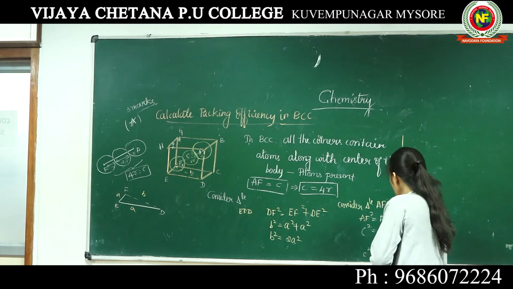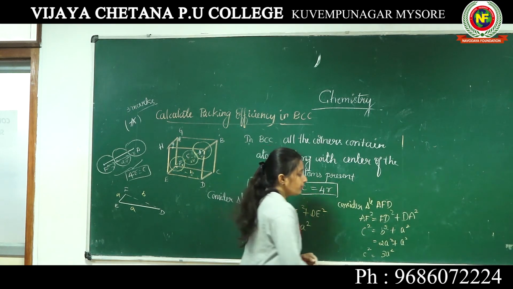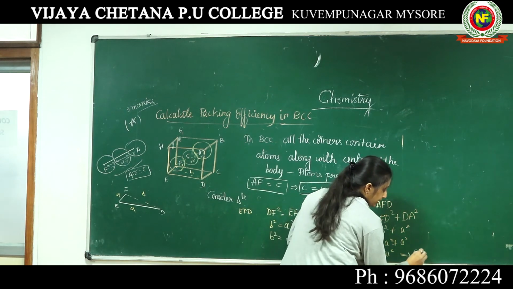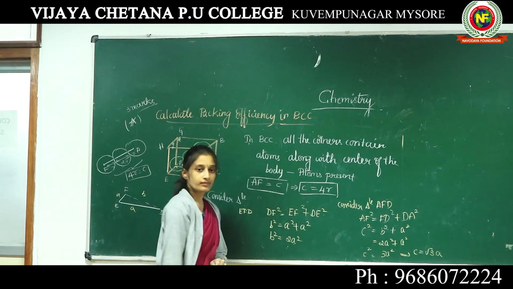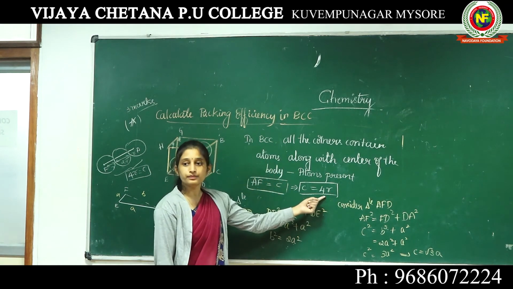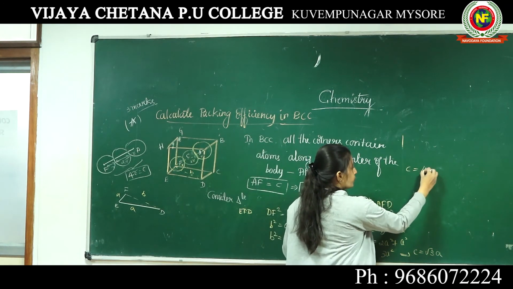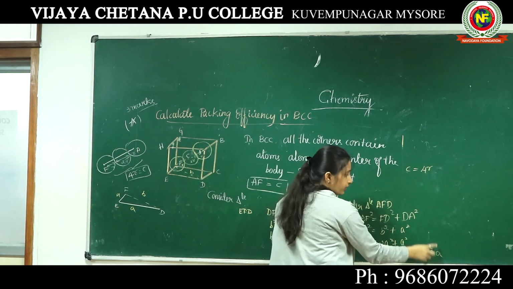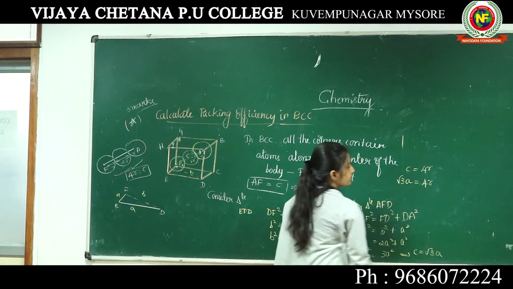C square is equal to 3A square. Now I want the value for C. C is equal to root 3A. What is the C value? 4R. C is equal to 4R. What did I get? Root 3A is equal to 4R.